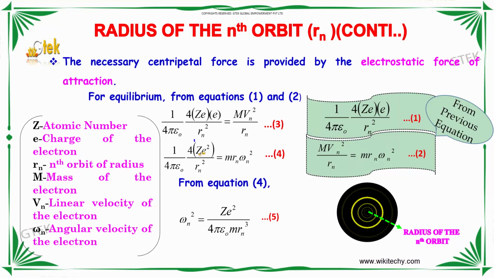Here Z is the atomic number, e is the charge of the electron, n is the nth orbit, m is the mass of the electron, v is the linear velocity and omega n is the angular velocity. Equating this condition, you will get omega n square equal to Ze square divided by 4 pi epsilon naught into m Rn power cube.